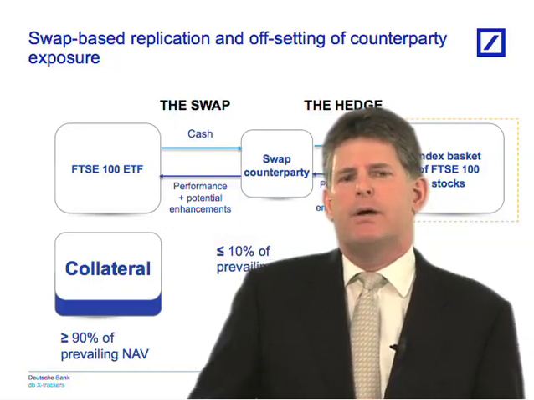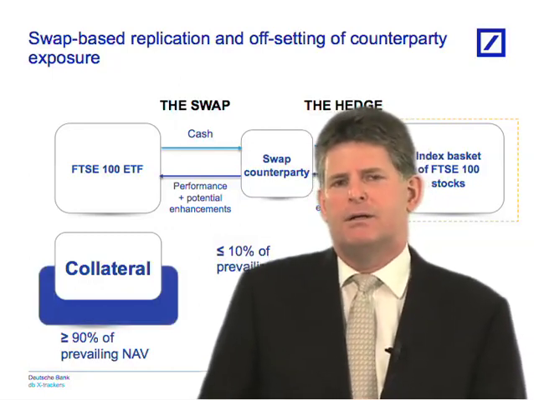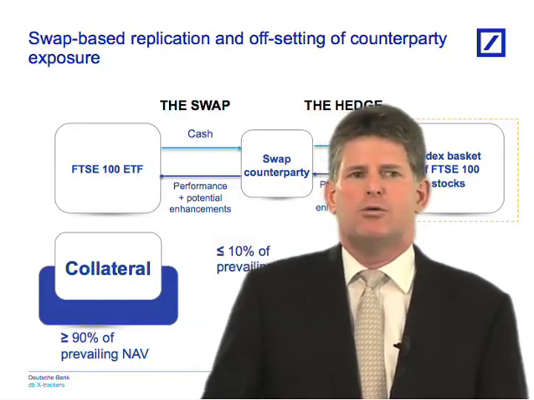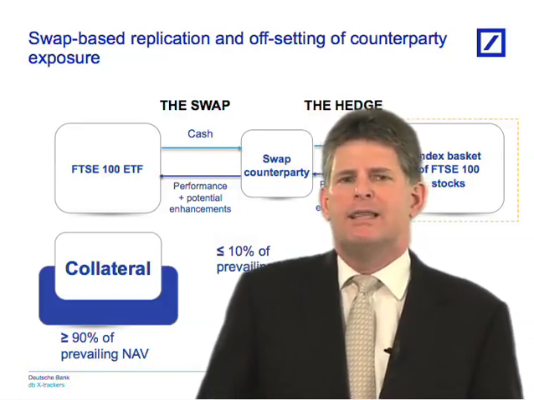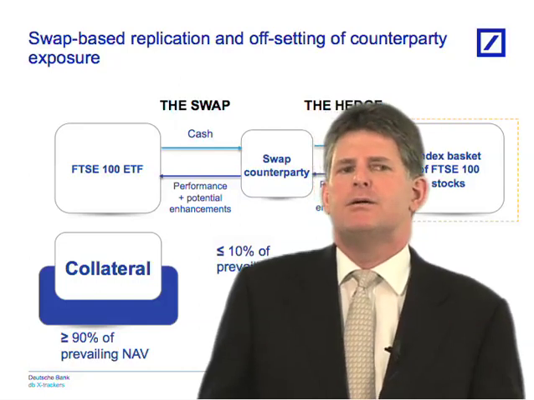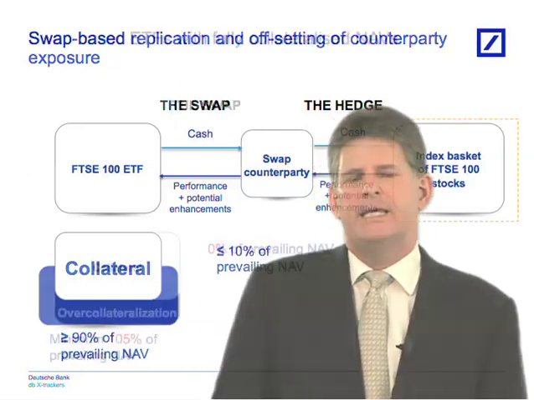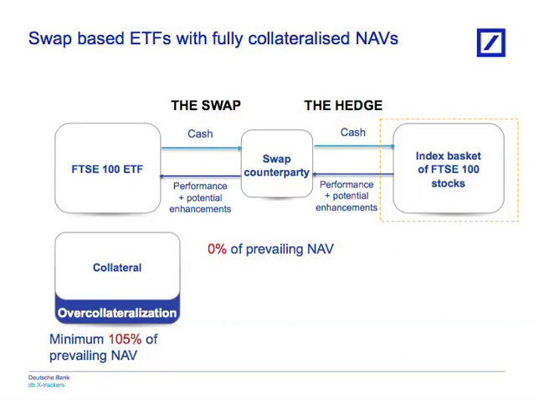We post a minimum of 105% collateral into this collateral basket. And therefore, the value of the swap has a zero value compared to the value of the ETF itself. So this over-collateralization or fully collateralized structure, as you can see, has now addressed the issue of counterparty exposure.